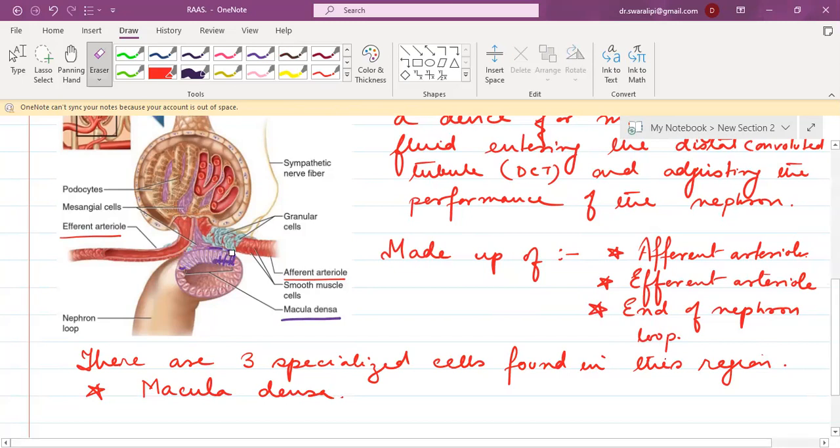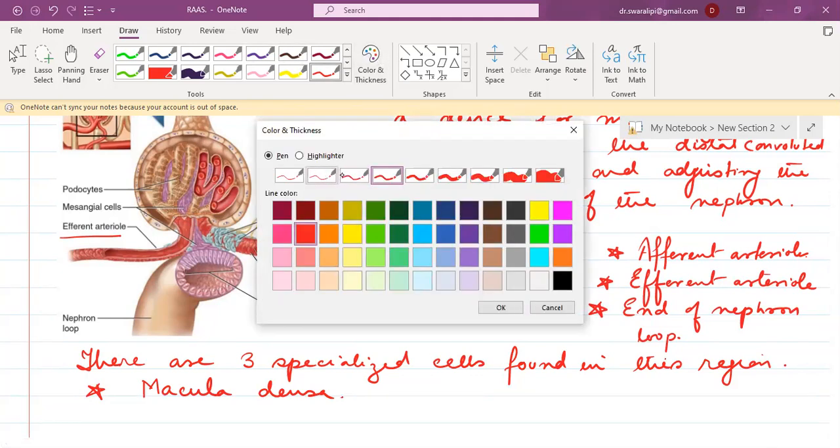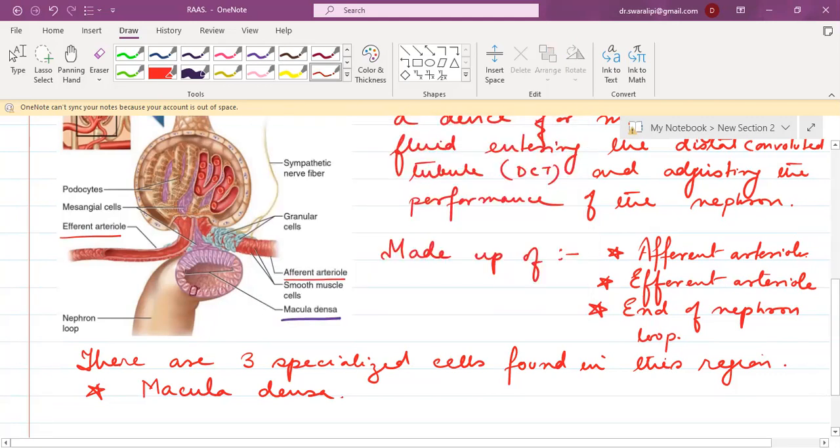So what is this macula densa? They are a patch of very thin cells. You can see the macula densa cells are thinner than the remaining cells. These cells are thicker, isn't it so? But these cells are comparatively much thinner, right?